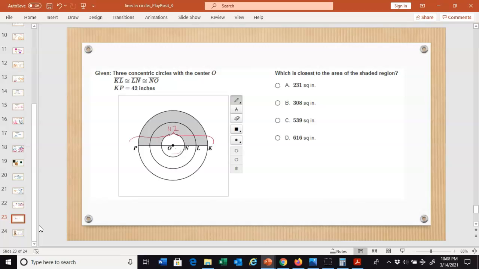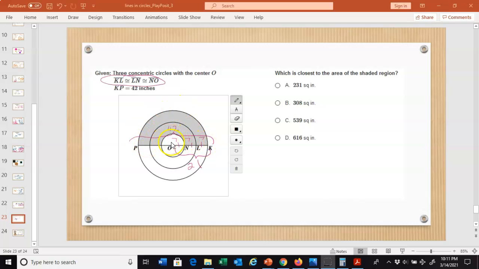The whole thing is 42, which makes the diameter 42, so the radius would be half of that, which is 21. Because they tell you all of those pieces are congruent, we can split 21 into 3 equal pieces. Perfect. Okay, so let's find the area of half of that sector.